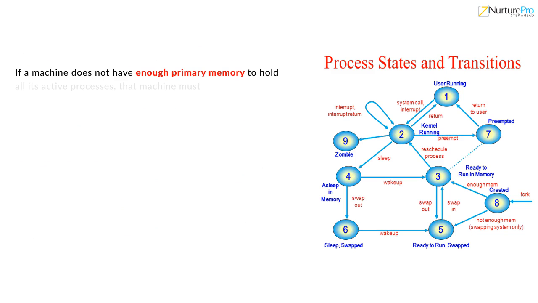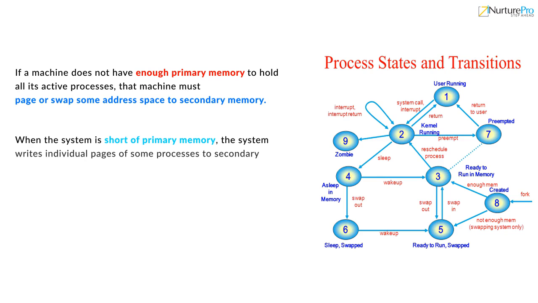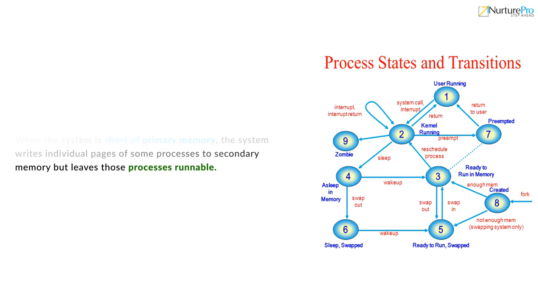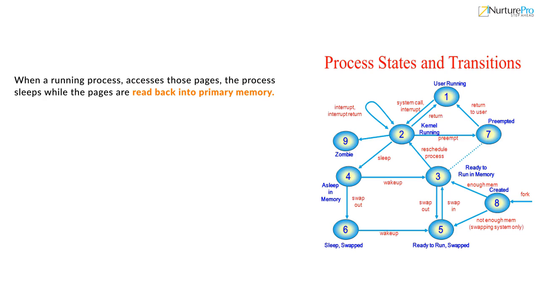If a machine does not have enough primary memory to hold all its active processes, that machine must page or swap some address space to secondary memory. When the system is short of primary memory, the system writes individual pages of some processes to secondary memory but leaves those processes runnable. When a running process accesses those pages, the process sleeps while the pages are read back into primary memory.